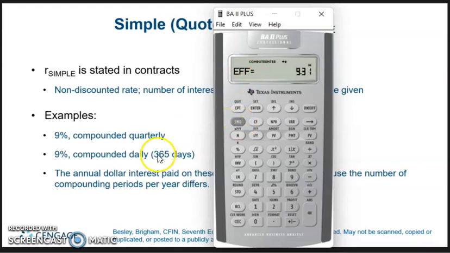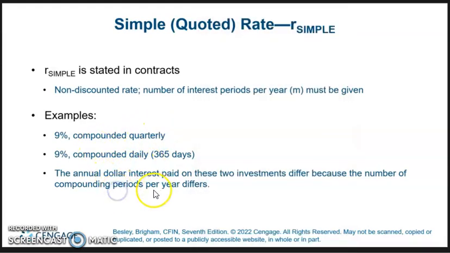But for 9% compounded daily, all we have to do is come down here to C/Y and enter 365, enter, go up to effective and hit compute, 9.42%. So the rate went up because of more frequent compounding.